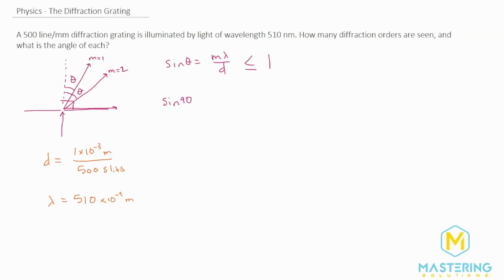So a way that we could do this, there's a couple ways, but the way I think is easiest is let's just start plugging in m values until we get one that's bigger than 1. If it's bigger than 1, can't see it. Let's see, we want to do m lambda over d, so m of 1 times 510 times 10 to the negative 9 meters divided by d, which we said is 1 times 10 to the negative 3 meters divided by 500 slits.